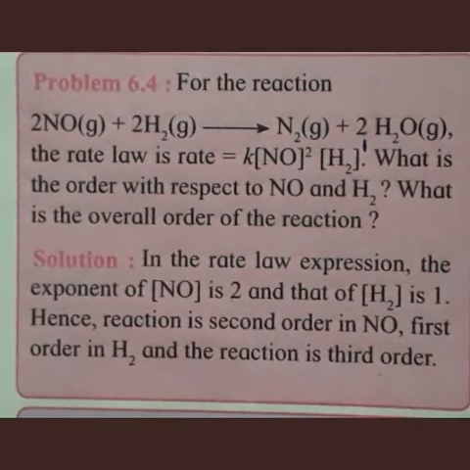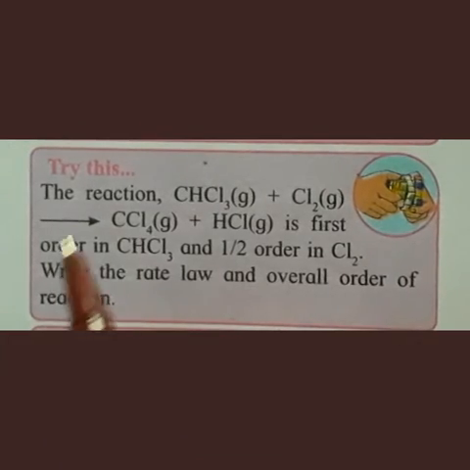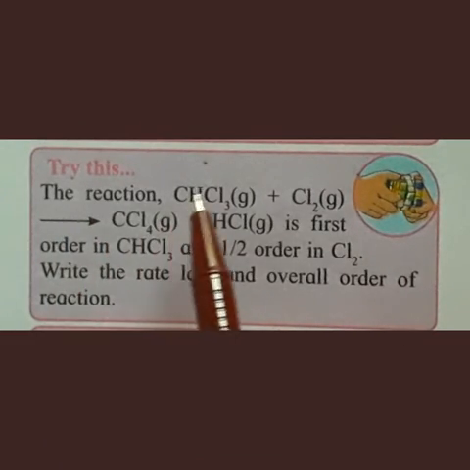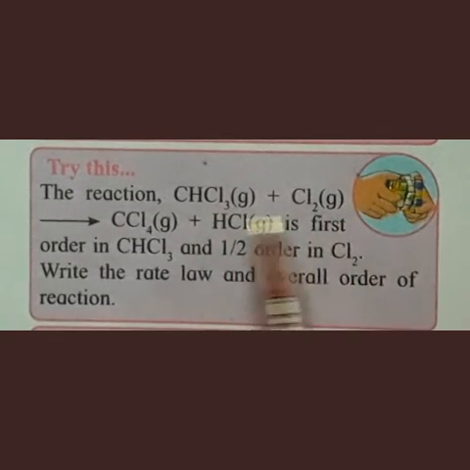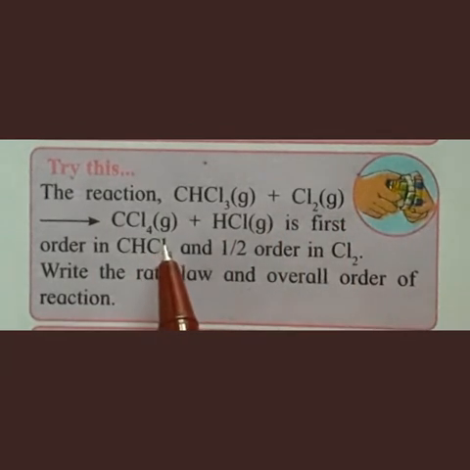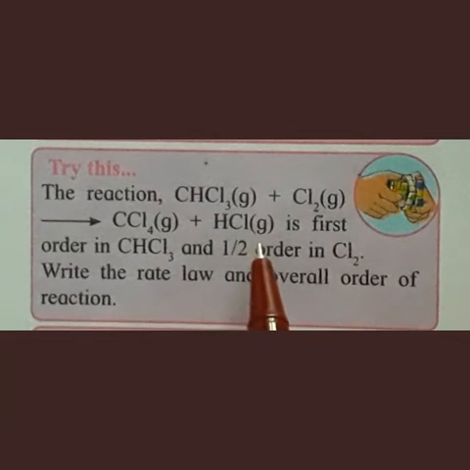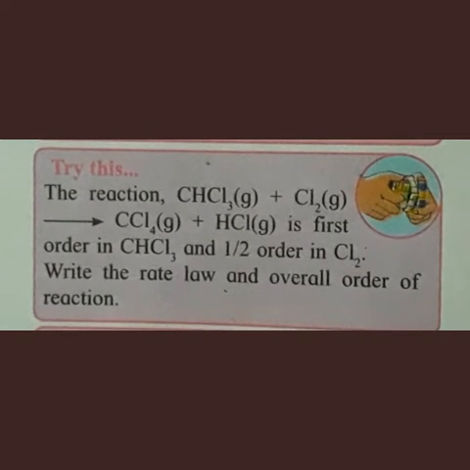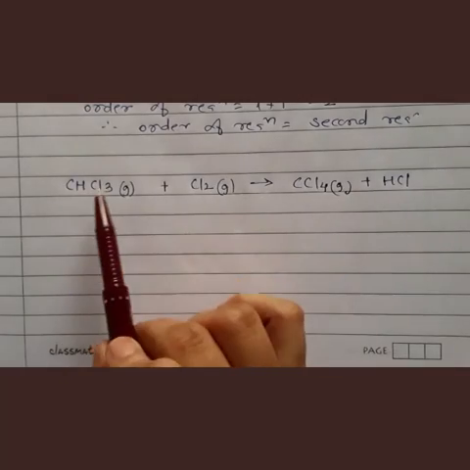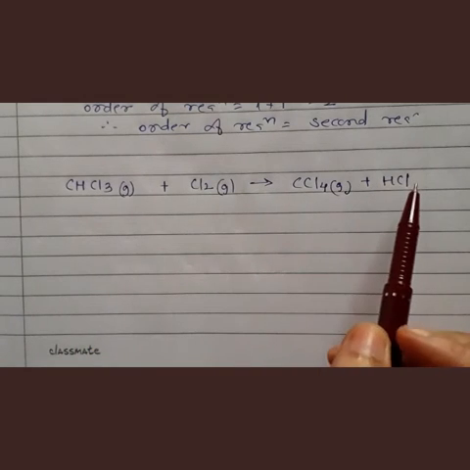Let us see one more example. See this. We have to solve this. Try this. The reaction CHCl3 gaseous plus Cl2 chlorine gas gives CCl4 carbon tetrachloride plus HCl hydrochloric acid is first order in CHCl3 and half order in Cl2. Write the rate law and overall order of the reaction. Let us solve this. You can see here the same reaction I have written over here.